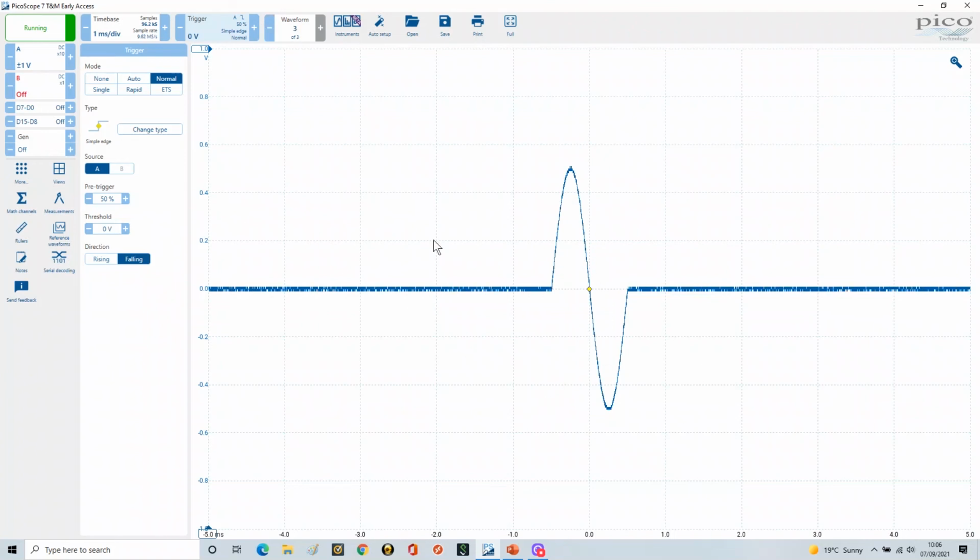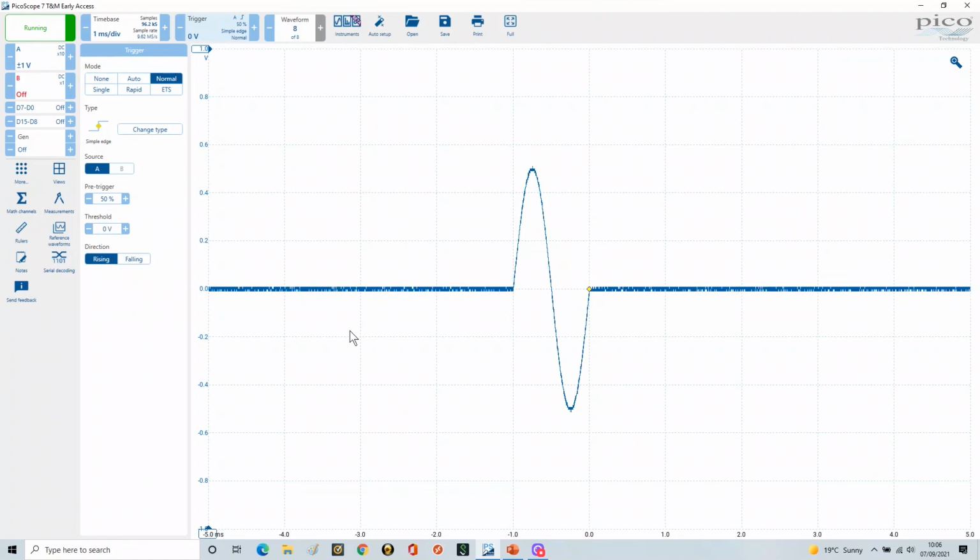So this is looking for a transition through 0 going from a positive value to a negative value. And so it'll trigger on the falling edge. If I change this to rising edge, it'll now try and find the signal which is going through 0 from a negative value to a positive value, hence the reason it's caught at this point in time.